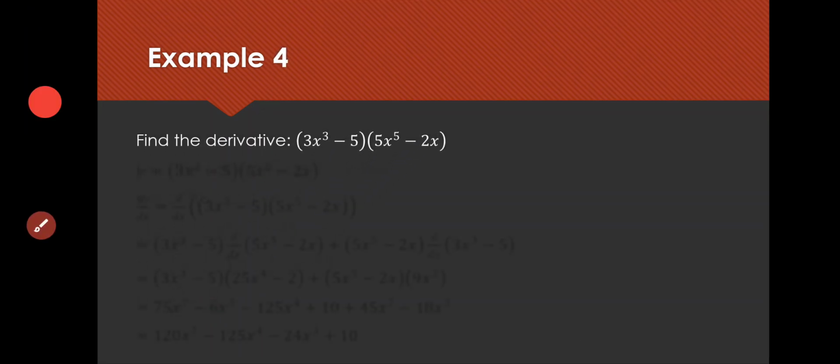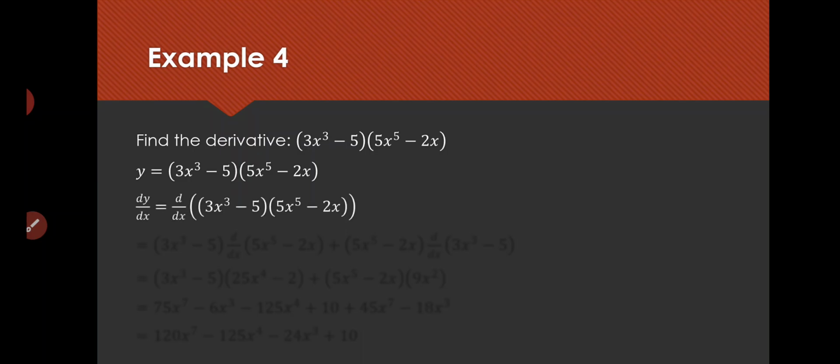Number 4. 3x cube minus 5 into 5x to the power 5 minus 2x. Now you can see there is a product of two functions, two different separate functions. So we begin with this, then obviously while taking derivative, this is what I get. Now obviously consider the first one as u and consider the second one as v.